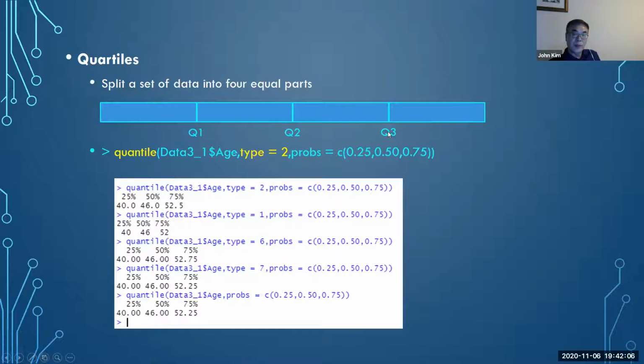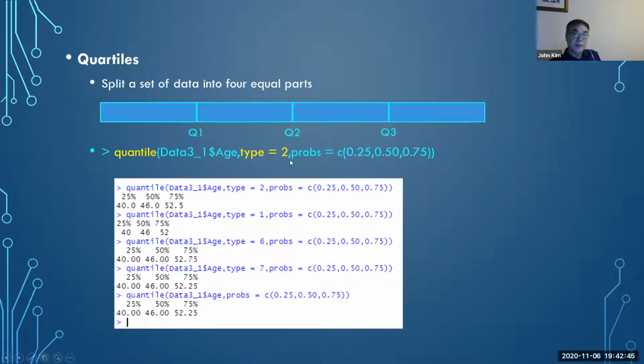Then from Q3, lower 75% and upper 25%. So using the quartile function, we divide the age column data and give such probability: 25, 50, and 75.